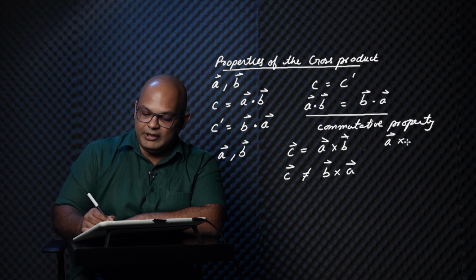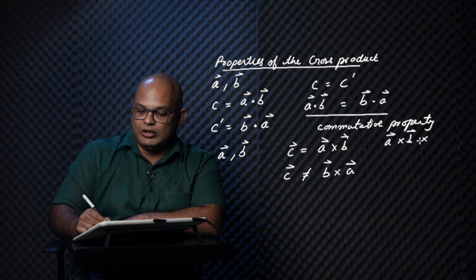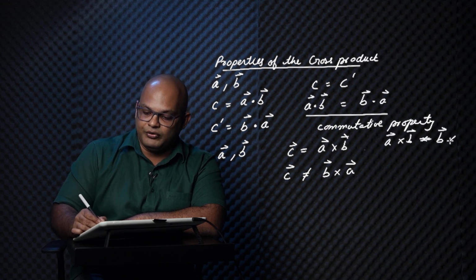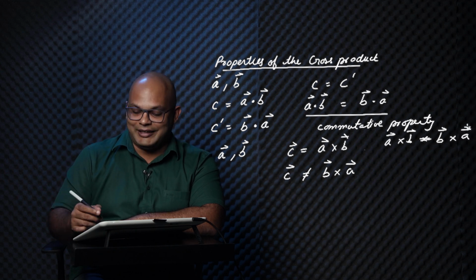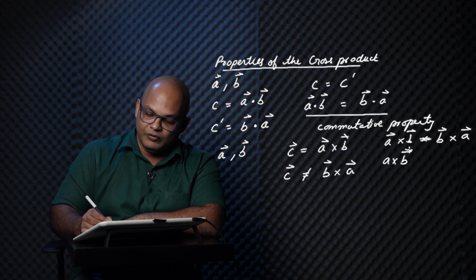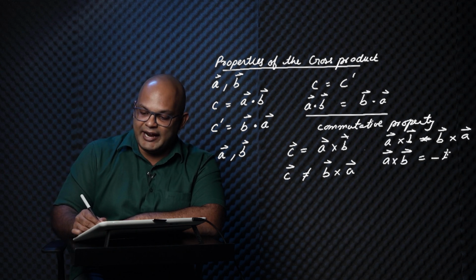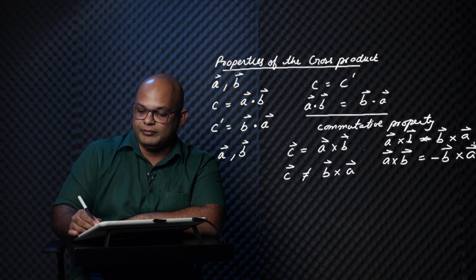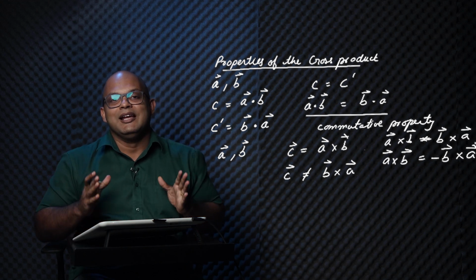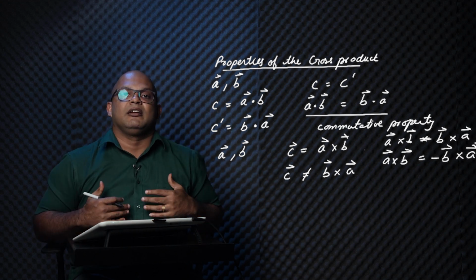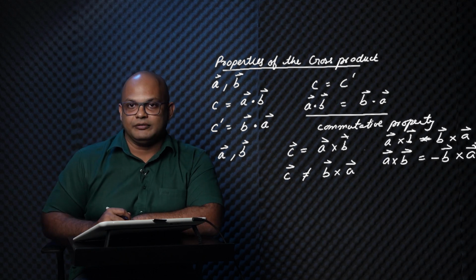A cross B will not be equal to B cross A. On the other hand, A cross B will be equal to the negative of vector B cross A. So vector multiplication is not commutative, but scalar multiplication is commutative.